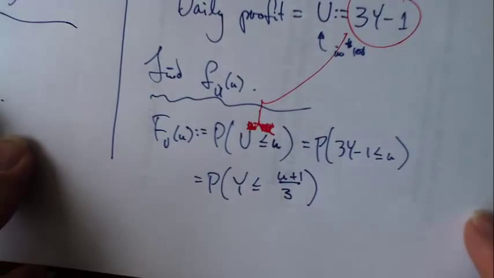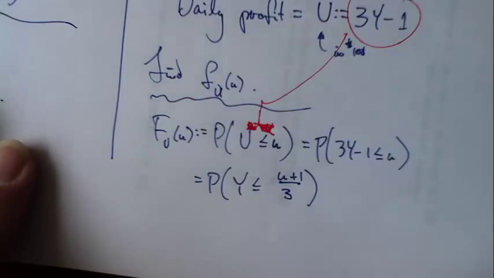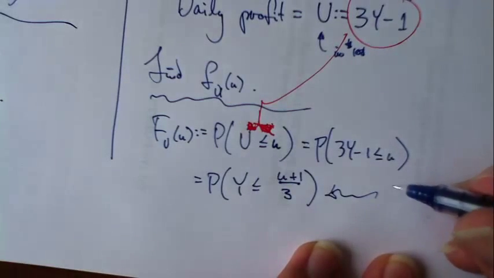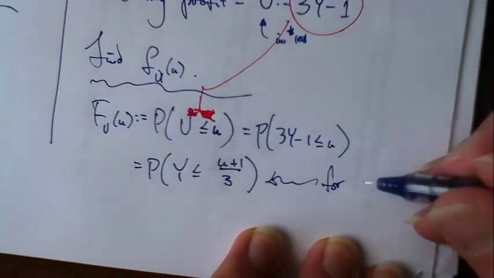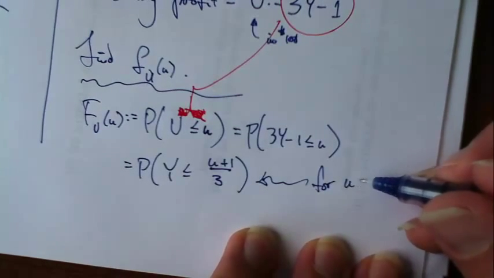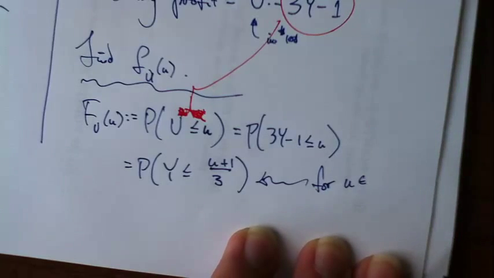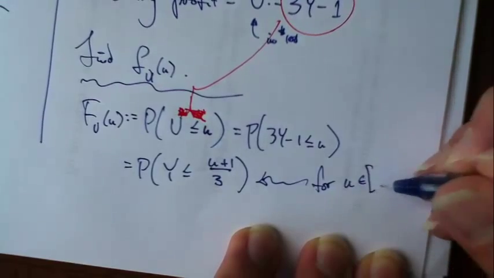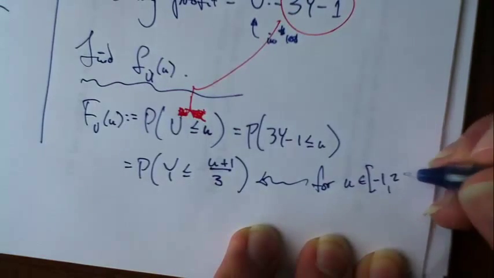And this is for little u in -1 up to 2, right?